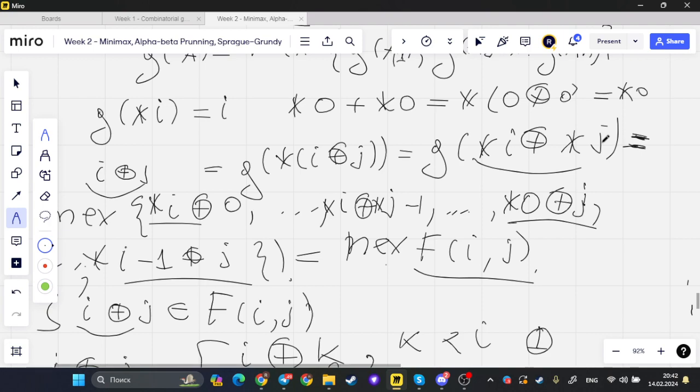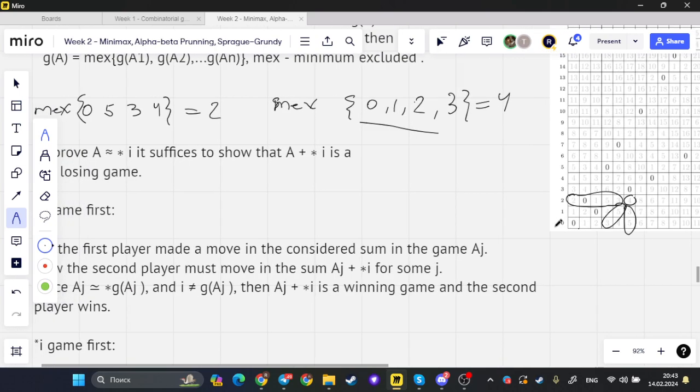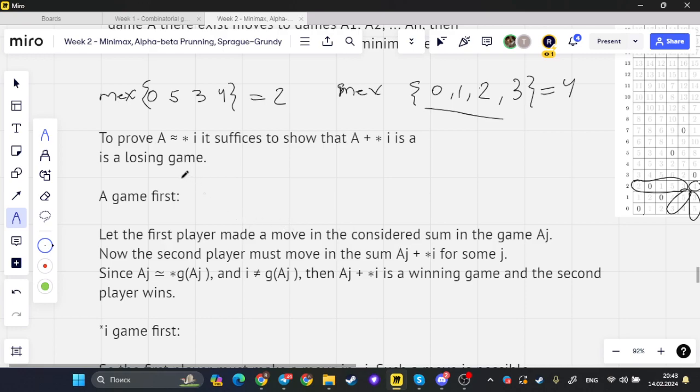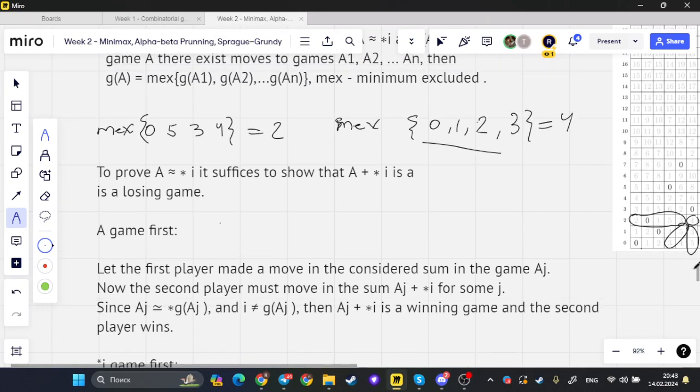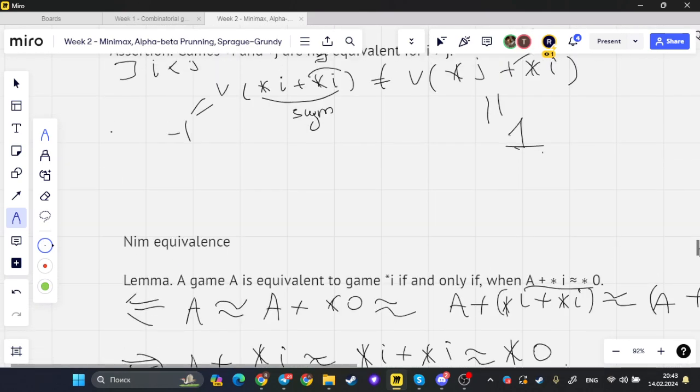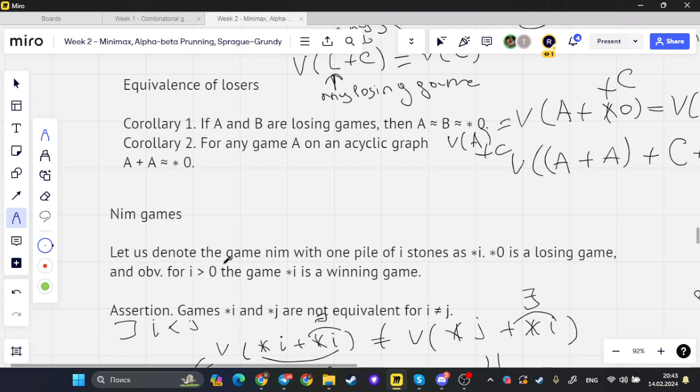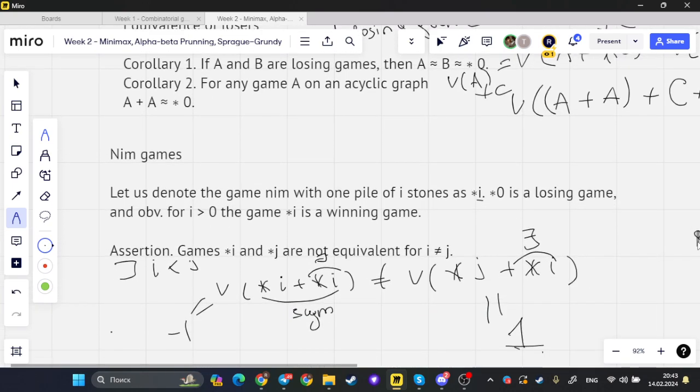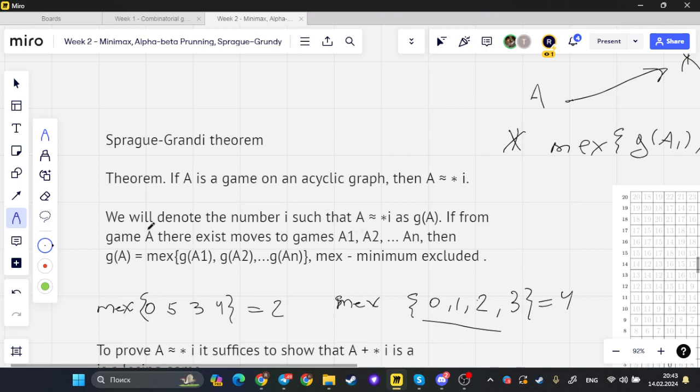What does it return? Let me better just read it, otherwise I'll say something wrong again. Where did I define it? Here. We denote once again the game with one pile of stones like star e, and the Grundy function we denote like the number e such that A is isomorphic to star e.